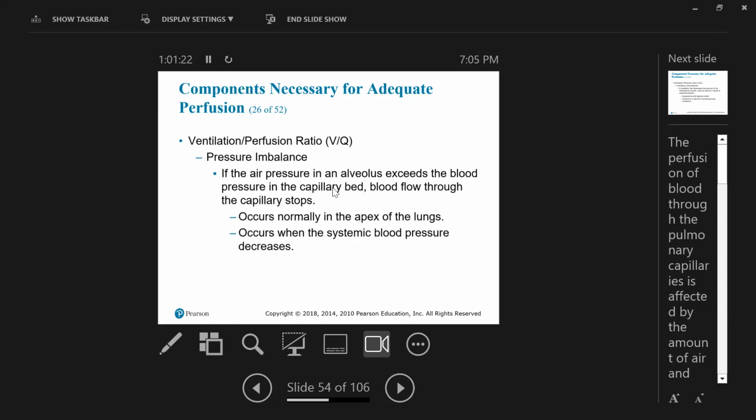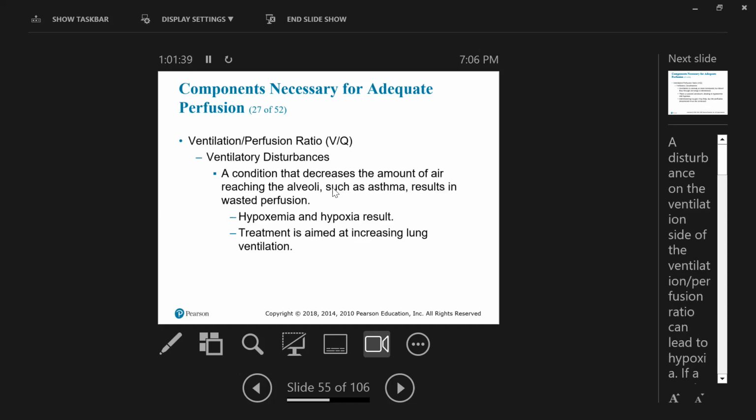The top, right? So it usually occurs there. It occurs when the systemic blood pressure decreases. So when it decreases, there's not enough blood going to the lungs, and there's loss of perfusion in that area.